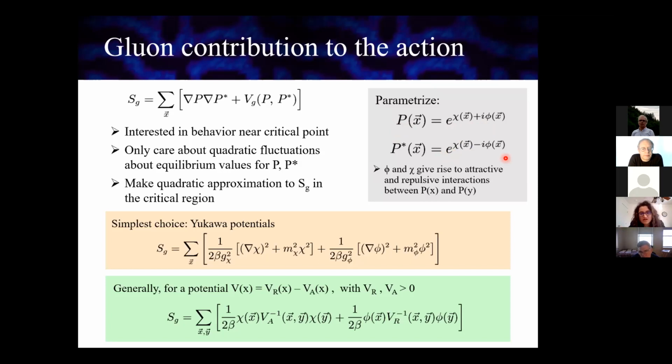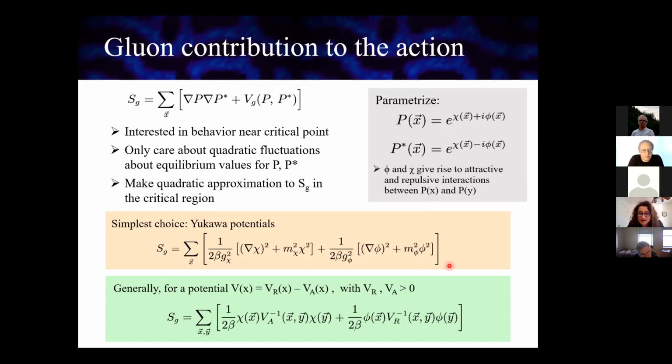So we're interested in behavior near the critical point that we know is going to occur because there's this attractive and repulsive interaction. We really only care about quadratic fluctuations around the equilibrium values. If we make this approximation in the critical region, the simplest choice, which is what I'm going to show you for the next few slides, is Yukawa potentials.